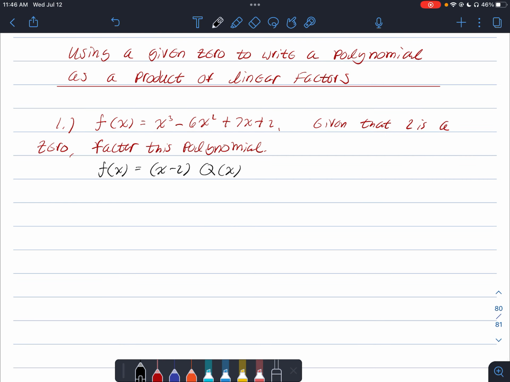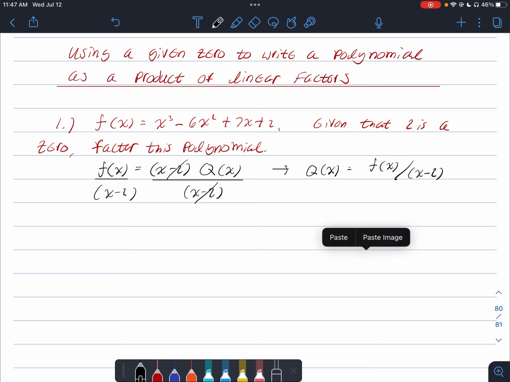So if we want to find q of x, we can divide both sides of this equation by x minus 2. When we've done this before, this is really what we're doing. This is kind of the theoretical idea. So what this gives us is q of x is equal to f of x divided by x minus 2.